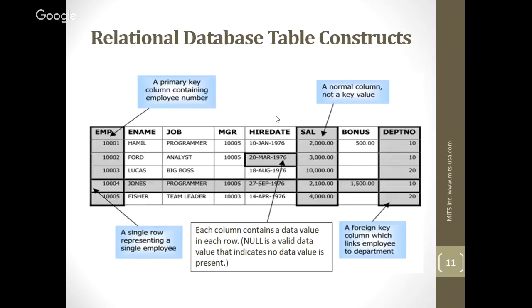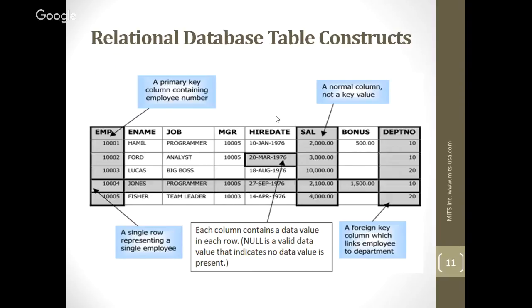A cell in a spreadsheet contains a data value, whether that data value is a formula, meaning you've got a derived data value, or whether it's an actual data value. Okay. All right, so foreign key. For department number 10 and 20, where do you expect to see the department name? In another table.